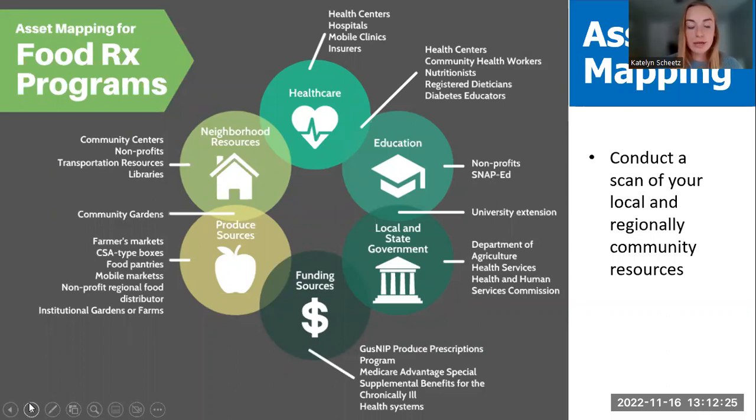Sylvia, you can go ahead and launch. Our first question here related to readiness assessments is, does your health center screen for food insecurity? And I'm curious, how many of you are currently screening for food insecurity or other social determinants of health at your organization?